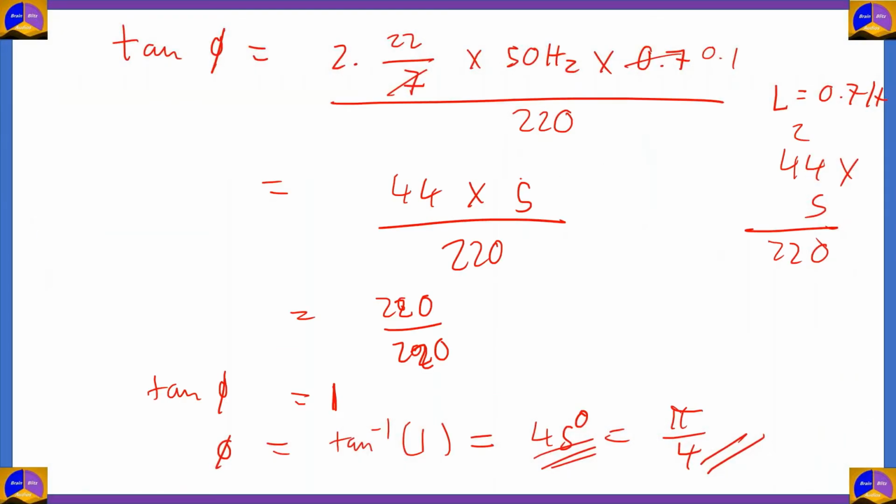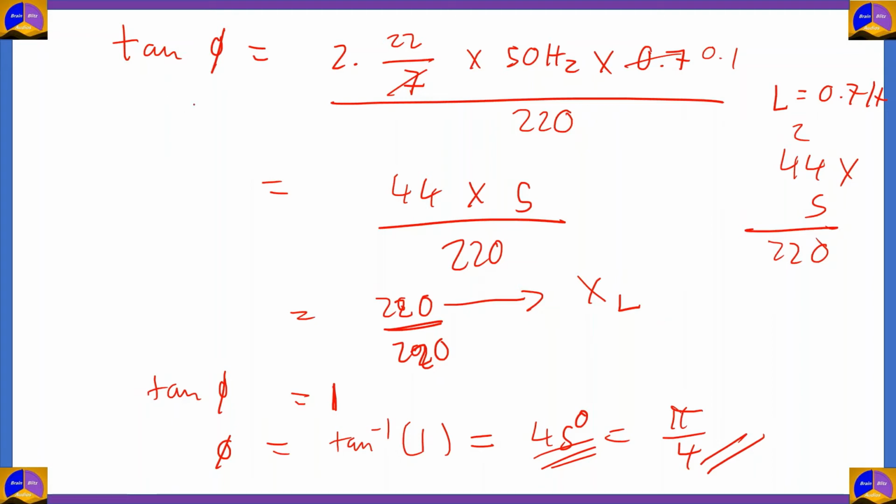Now remember that we got the value of inductive reactance, which is the numerator, as 220. And the value for resistance was already 220 as it was given in the question. So the numerator here for tan phi, which is 220, is the value for XL.